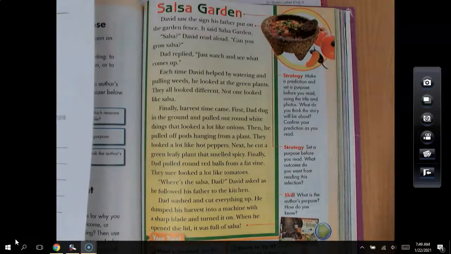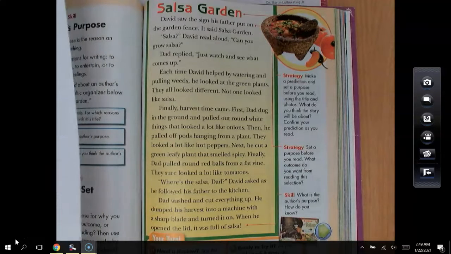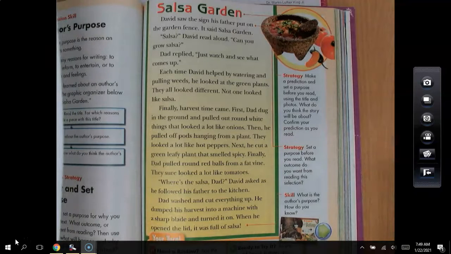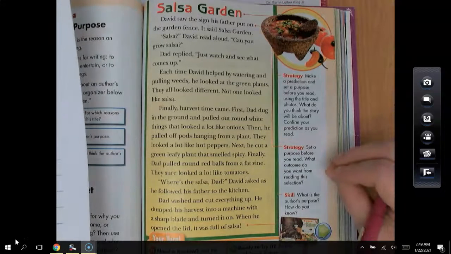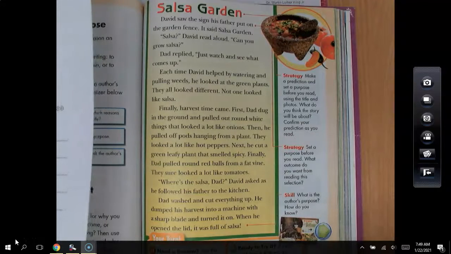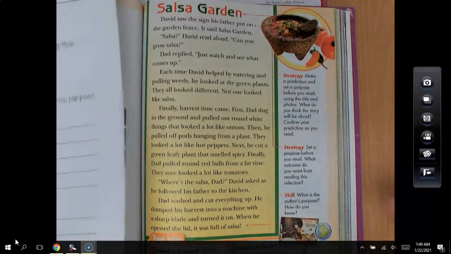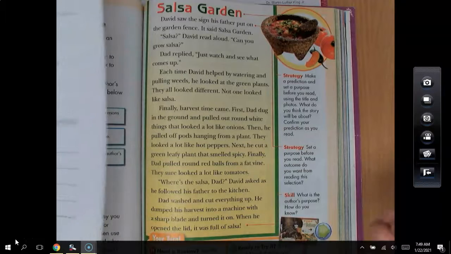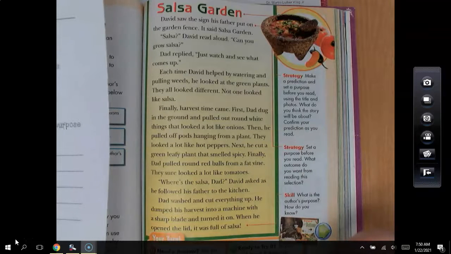but boys and girls, did it give us everything? Did it talk about how to put the seeds in the soil, how long they take to grow, how often to water them? Did it give us all that specific information?